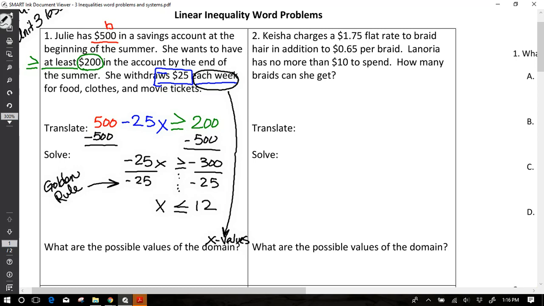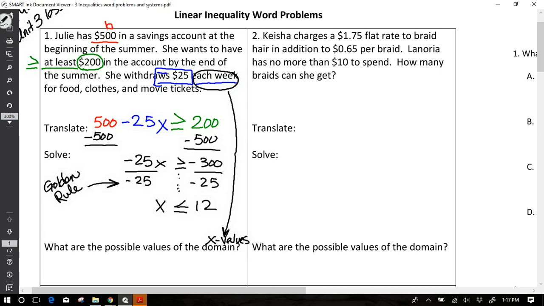So the possible values. Well, let's see. So it's going to take 12 weeks or less. 12 weeks or less, until she has $200 in the account, and then she doesn't want to go lower than 200.